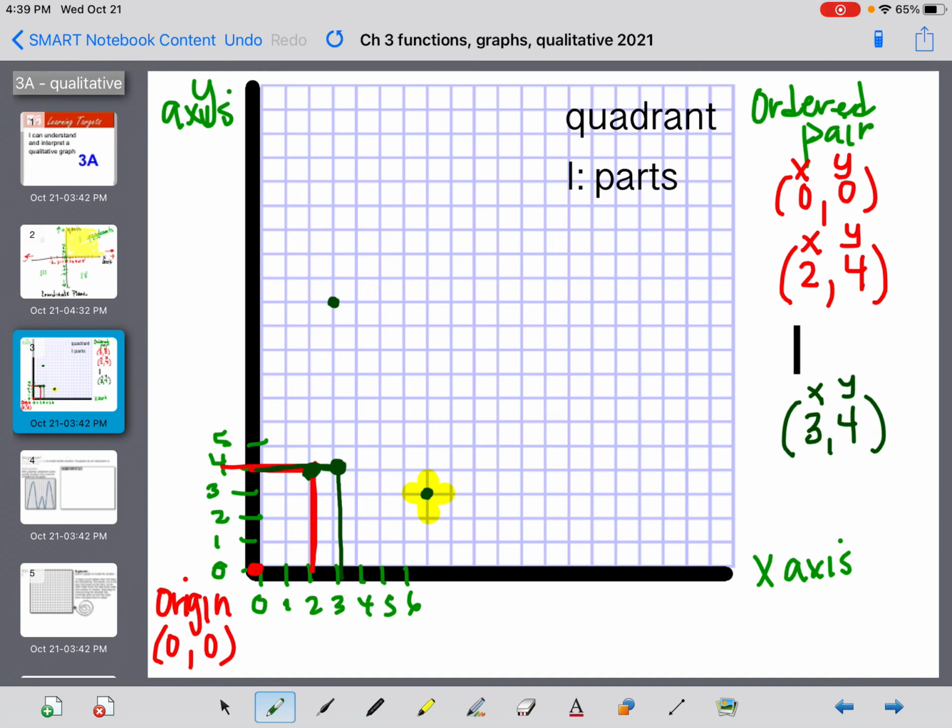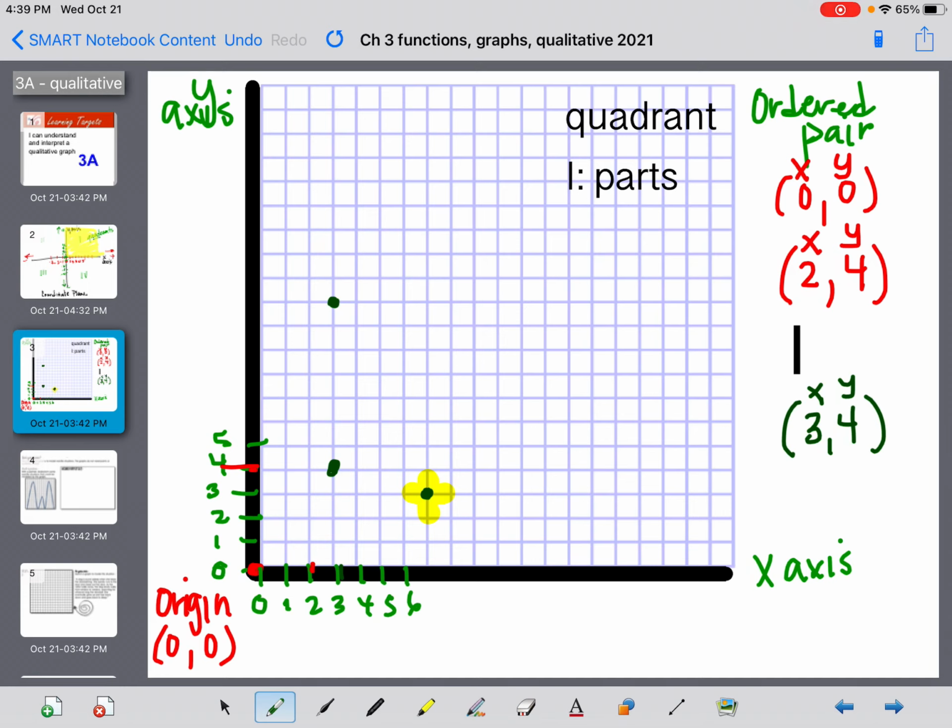Now, you don't need to have these lines on there when you do it. I put those lines on there because I'm just trying to illustrate exactly where that point is, where x is 3 and y is 4. I just want you to see exactly where my eyes are looking, so I'm just trying to illustrate that for you. And those are called ordered pairs.